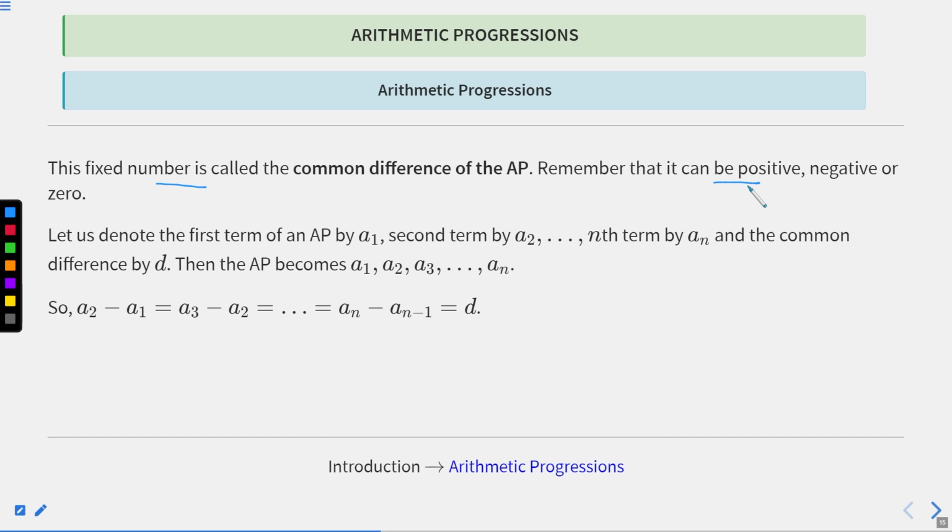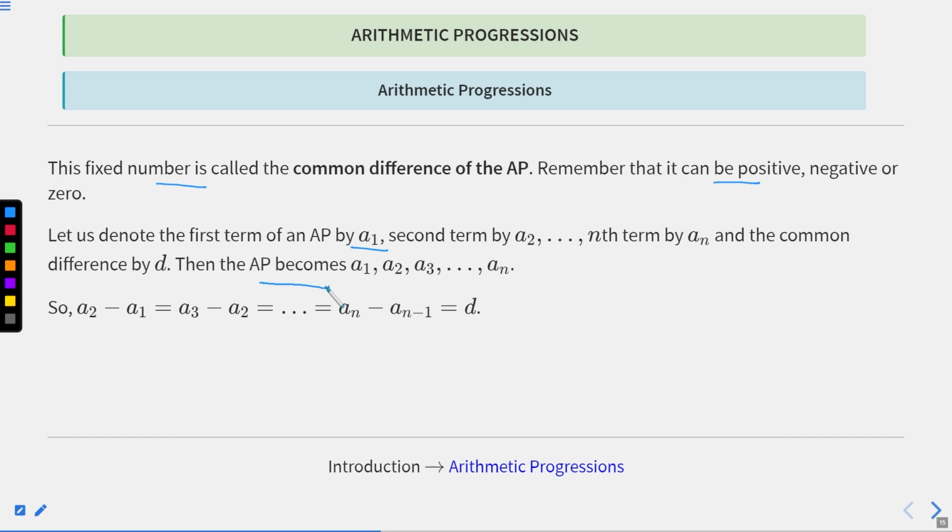Now let us denote the first term of the AP by A1, the second term by A2, the nth term by AN, and the common difference by D. Then the arithmetic progression becomes A1, A2, A3, A4, ..., AN.